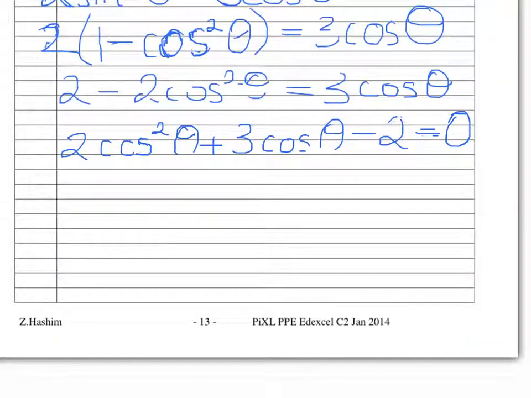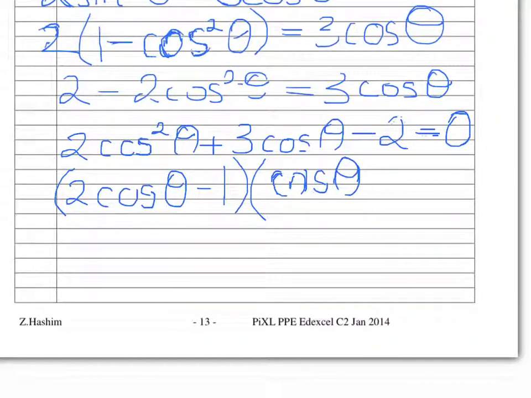And now I can just factorise this quadratic. So with a little bit of thinking, I can figure out that this factorises to 2 cos theta minus 1 and cos theta plus 2 equals 0.